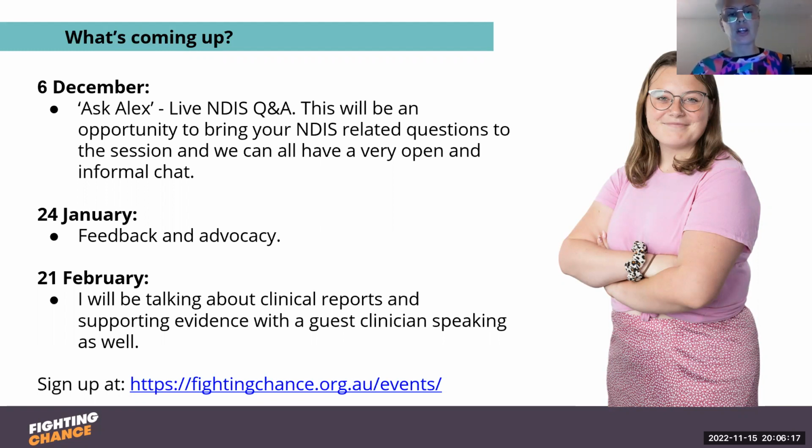And then in February, we're going to be talking about clinical reports and supporting evidence, and there'll be a guest clinician speaking as well. That will either be February or March. We're just trying to toss up which one we're going to do in March and which one in February. And if the Q&A goes well, then we'll do that every couple of months. So hopefully that is a good thing for you to come and bring your questions. It can be anything really.